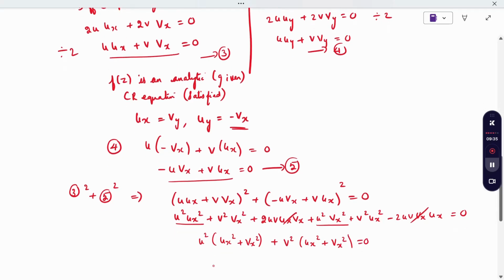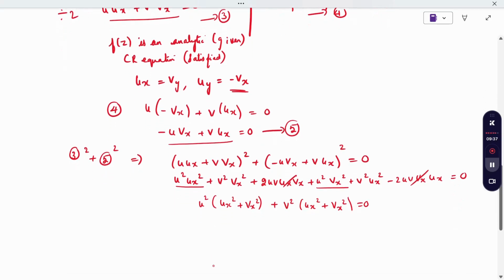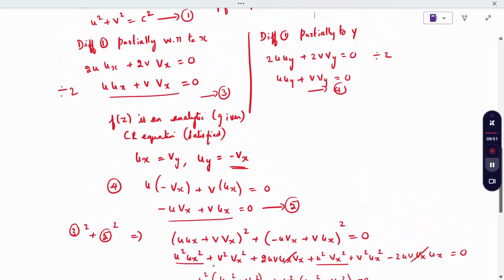Now we have to simplify both of these. It's nothing but u squared plus v squared into ux squared plus vx squared. Already we know this; I will show you that equation, which we wrote at the starting itself.